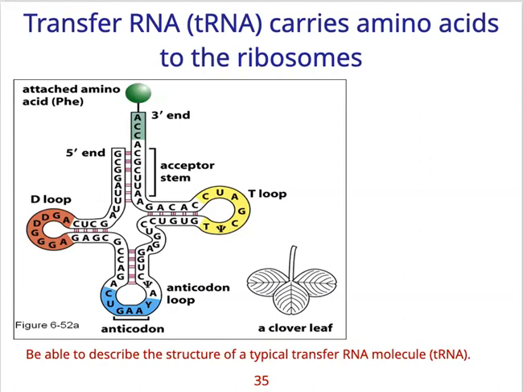So transfer RNAs, or tRNAs, are the type of RNA that's responsible for carrying amino acids to the ribosome. And you can see that it has a clover leaf shape to it. And on it, we have the anticodon, which is a sequence of 3 bases.